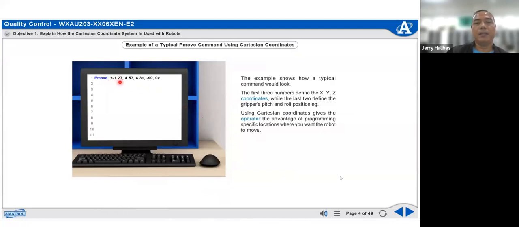So the first three numbers are referring to the X, Y, Z coordinates, while the last two, negative 90 and 0, refer to the pitch and the roll positioning of the gripper.